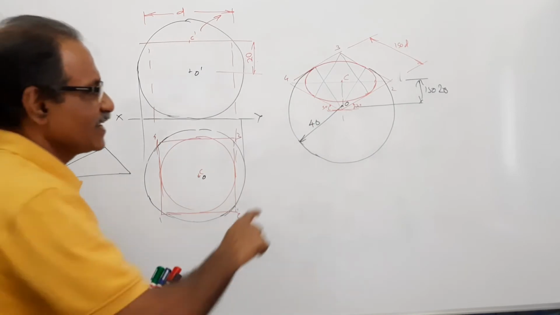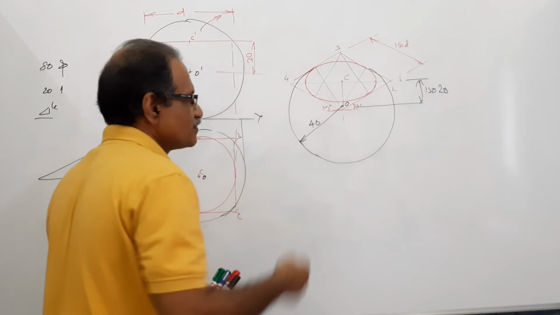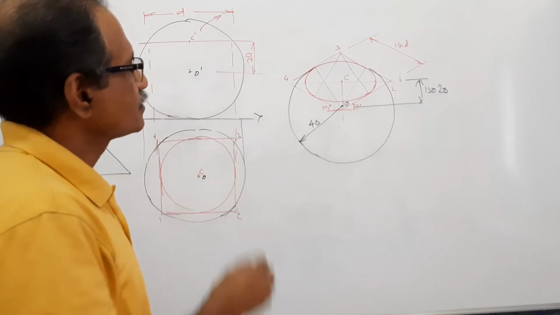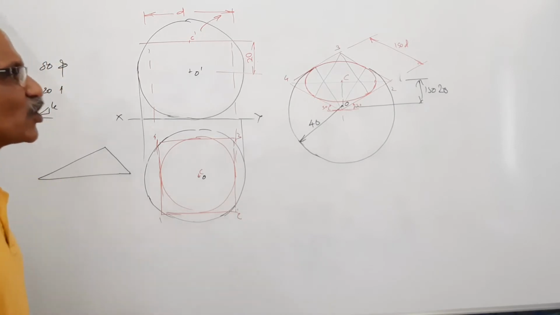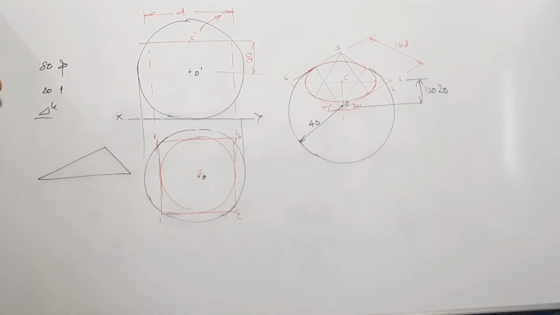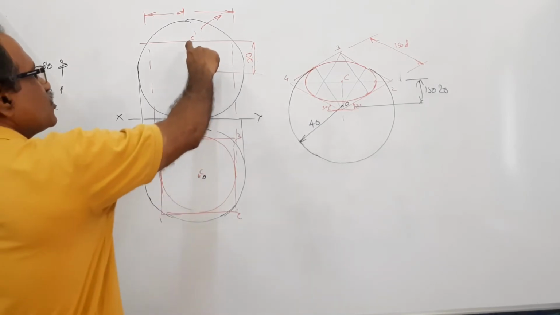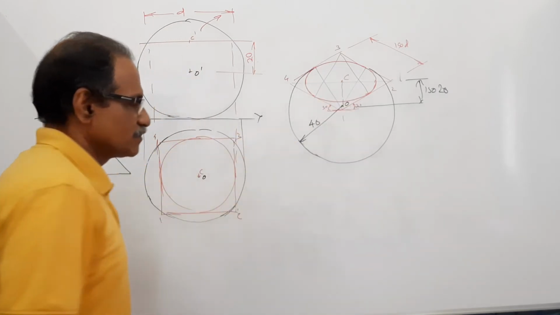You can see the circle just becomes tangential to the ellipse. So what have you drawn? You have drawn the cut sphere. This is 20, this is iso 20, slightly less. Then draw the half circle.